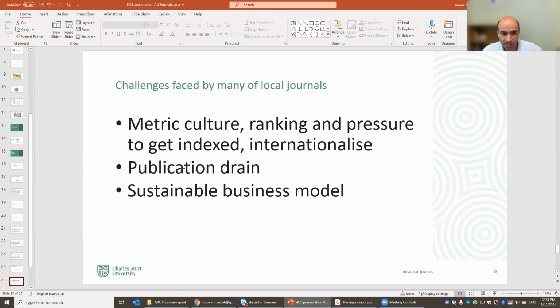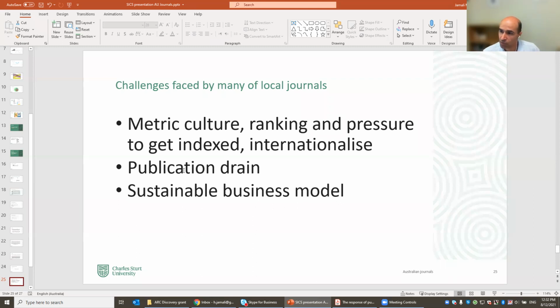The challenges that the journals face are related to the metric culture at universities, ranking, and pressure to get indexed, because people want points, they want to publish in prestigious journals, and that prestige is perceived by Q1 or impact factor or things like that. And therefore, they are under pressure to internationalize, which means a push to be included in Scopus.